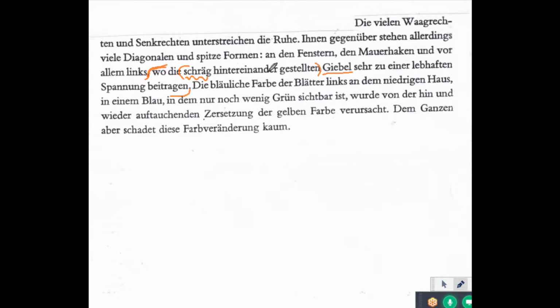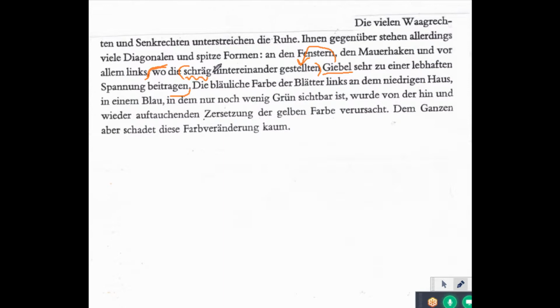So how do you resolve these extended adjective modifiers? It's best to identify the noun and then work backwards through the construction. So here, the gables on these buildings, and then you would say, which were positioned, from stellen, its past participle, were positioned, slanting one after the other.